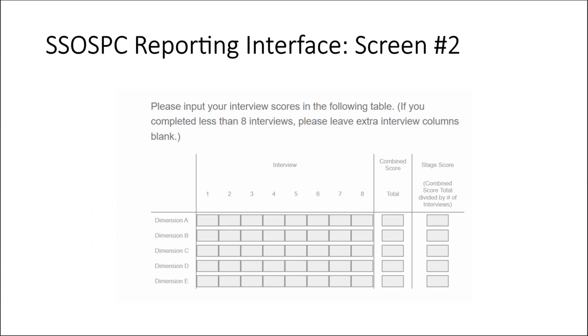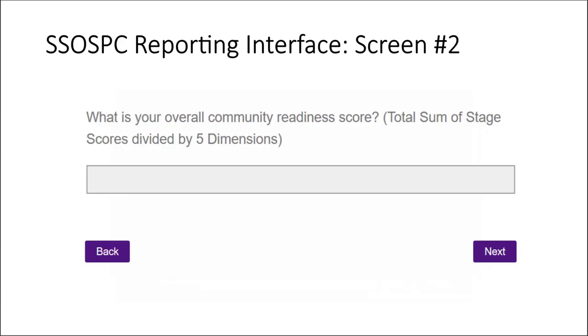Screen 2 is going to ask you to input your consensus scores table. Basically, those consensus scores for each of the 5 dimensions for up to 8 interviews that you completed. It'll ask you to also input your combined score total and the stage score, which is the combined score total divided by the number of interviews.